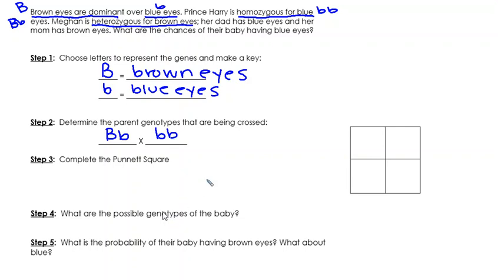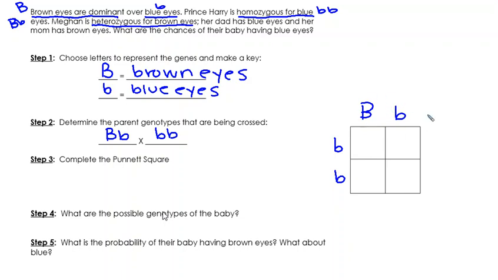Once we know the parents' genotypes, we can go ahead and fill out the Punnett square. We put one set of parents' genotype on the top, big B, little b, and then the other set of parents' genotypes goes on the side, little b, little b. Now if you remember back in the unit where we covered meiosis, we talked about meiosis causing there to be only half the number of chromosomes in the sex cells or the reproductive cells as that of the body cells.